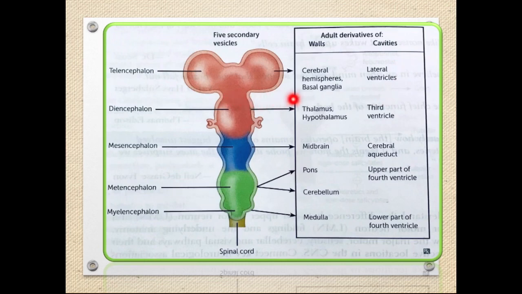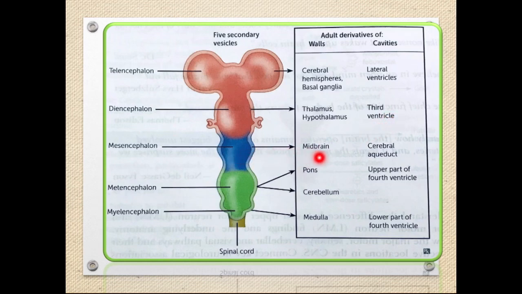So, telencephalon forms the lateral ventricle, cerebral cortex and basal ganglia. What will the diencephalon do? The diencephalon will form the thalamus and hypothalamus, and say these are the lateral ventricles, left side, right side, and it gives rise to the third ventricle. So, the third ventricle is formed from the diencephalon.